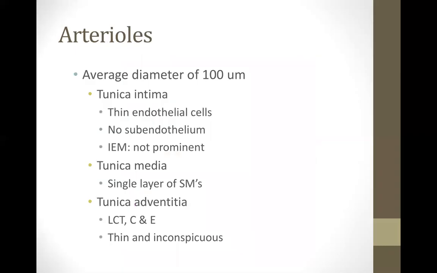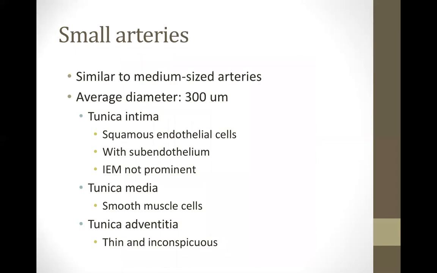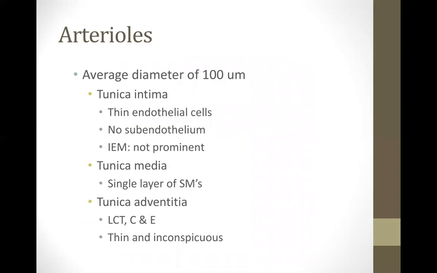Okay? Now, if you look closely, the average diameter of small arteries is 300 micrometers. Look at the arteriole. The average diameter is 100 micrometers. It keeps getting smaller. So, there is not much difference. Between a small artery and an arteriole, it is only the diameter, class.